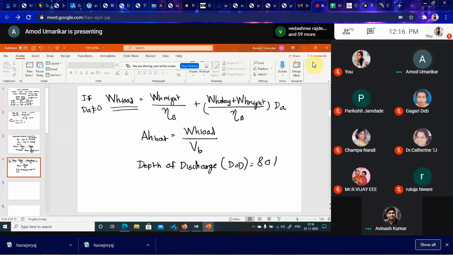Generally we choose 80%, the kind of battery we use for solar PV applications. So this depth of discharge also we have to consider, and it will decide the ampere hour of the battery. Understood? Is it clear?